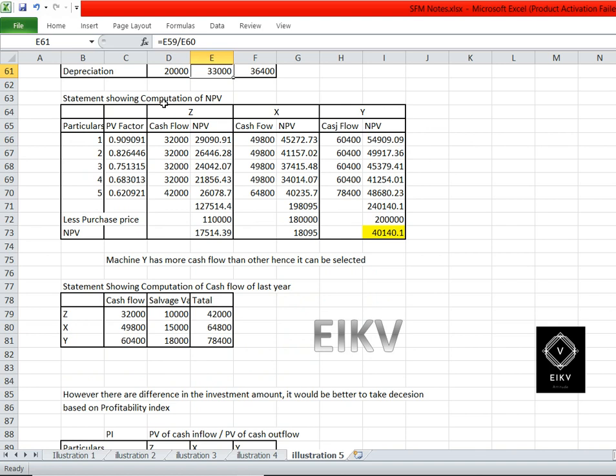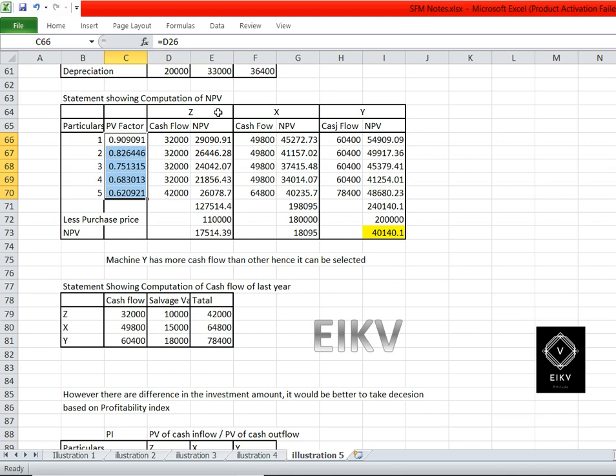After that we need to compute the net present value. For computing the net present value, I have made a table with particulars for years 1 to 5. After that I have added the PV factor for all the 5 years.